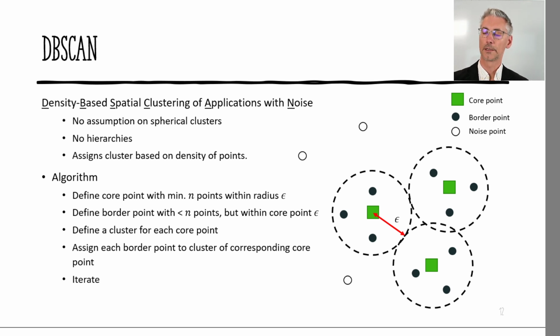Right? So unlike k-means, we don't specify the number of clusters we have. You also see the noise points. These are the open circles, and they are not assigned to any cluster. So that means that these points are not taken into account when we build the clusters, and as we discussed before, this has the advantage that noise can be incorporated in the data as well.